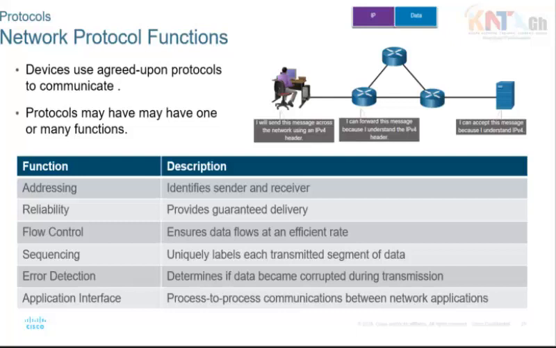They must also function by controlling sequencing, and this is a unique label of each transmitted segment of data. They must also function in the area of error detection, and this is the determination of whether any data became corrupted during the transmission.